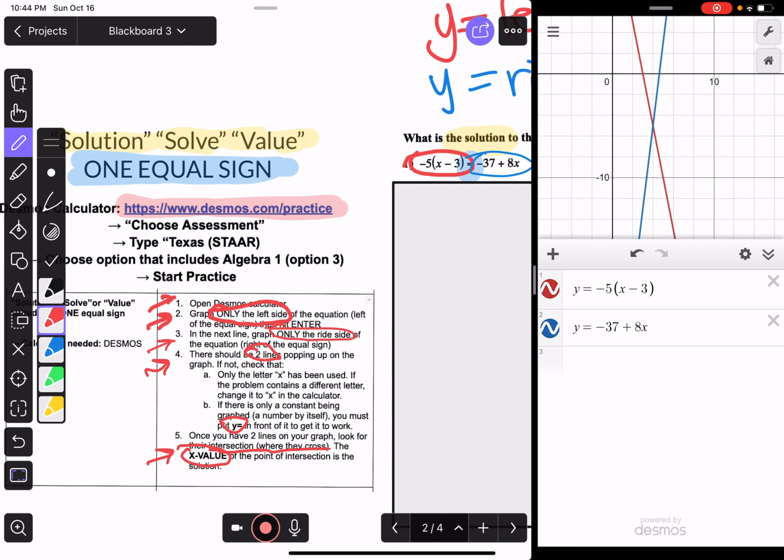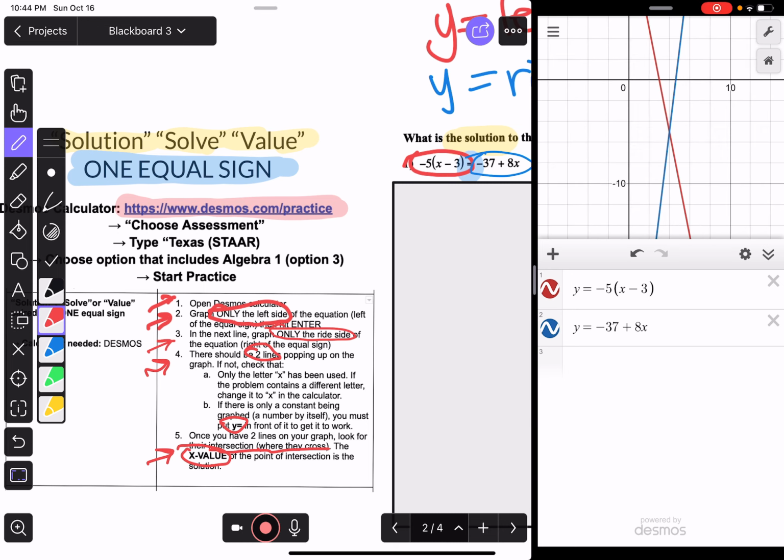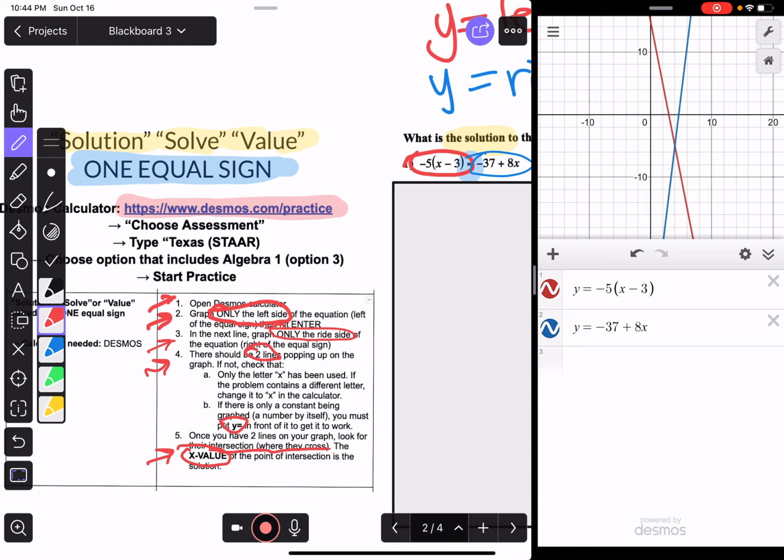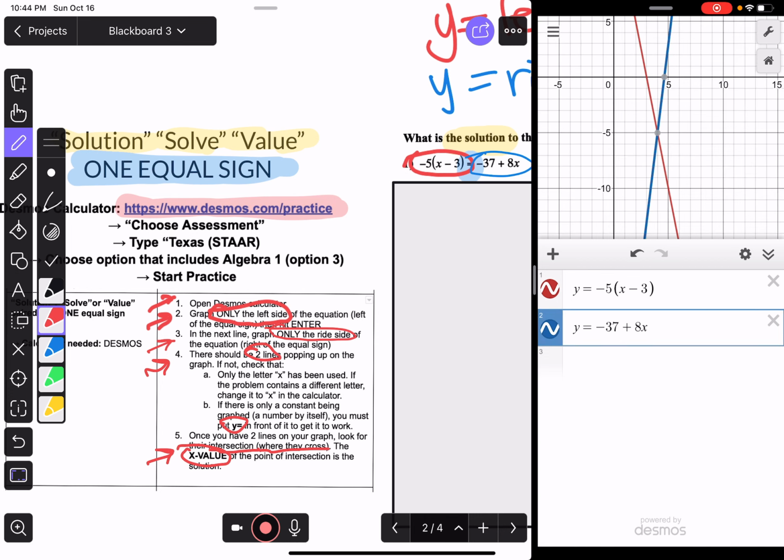The cool thing about Desmos, especially on the computers that you guys have, is that it is touchscreen, so you can move it around till you find that intersection, and then you can click right on it, and you'll see that gray dot pop up. And you can click on it, and we notice that we get this point, 4, -5. When we have one equal sign, that means that we only have one answer, and it is only the x value of the answer.